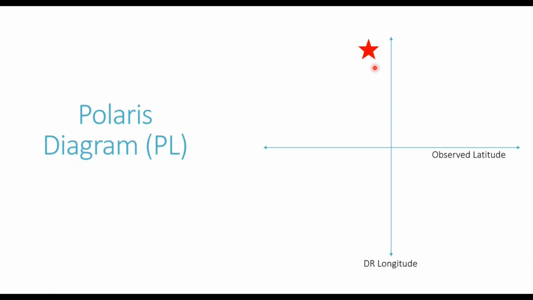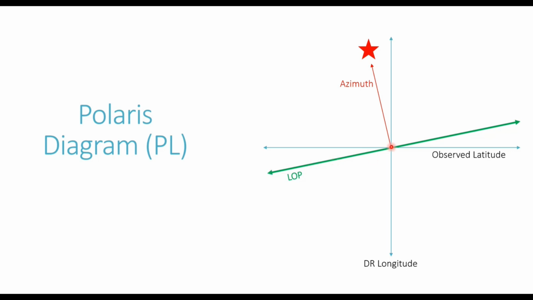Let's assume the pole star is here. So the red arrow shows the azimuth of the pole star, and the direction of the PL will be perpendicular to the azimuth of the body. So you see, the green line with arrows at both ends represents the position line in case of a Polaris observation.